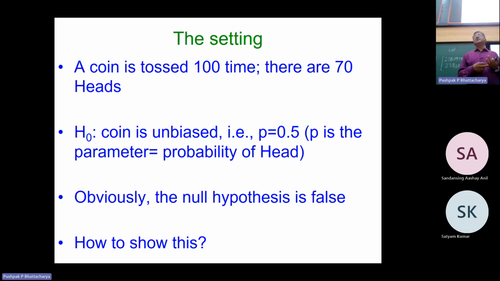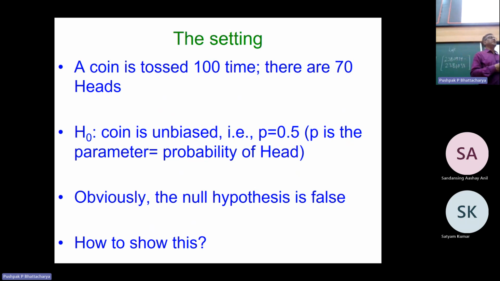Now, the intuition in our mind is that the coin is biased, and that's because we have got a large number of heads. 70 outcomes out of 100 are heads. So we would like to believe that the coin is not unbiased.